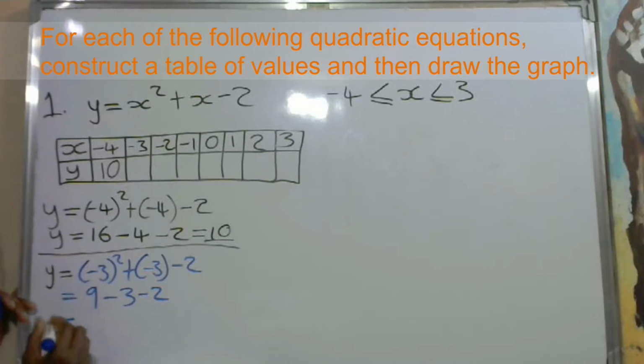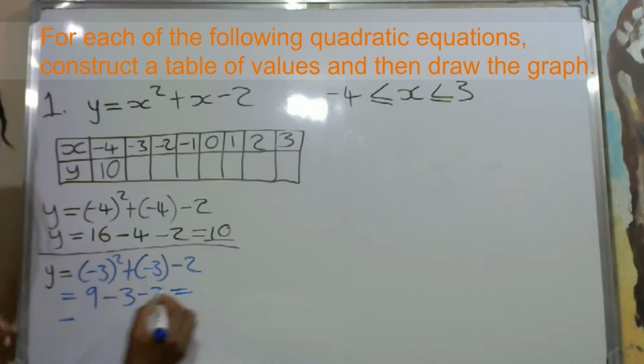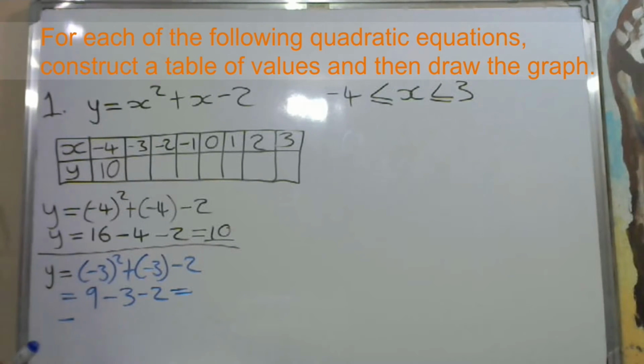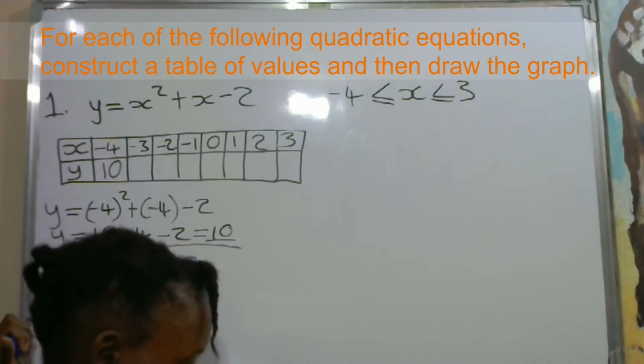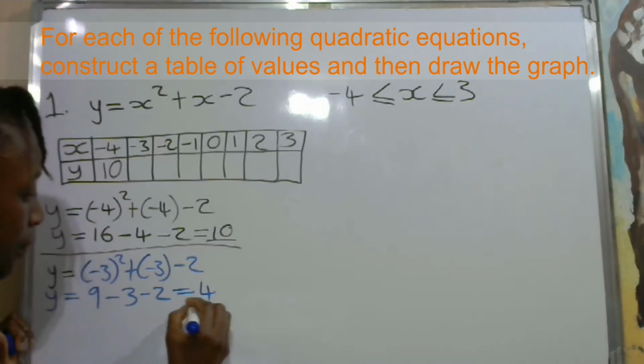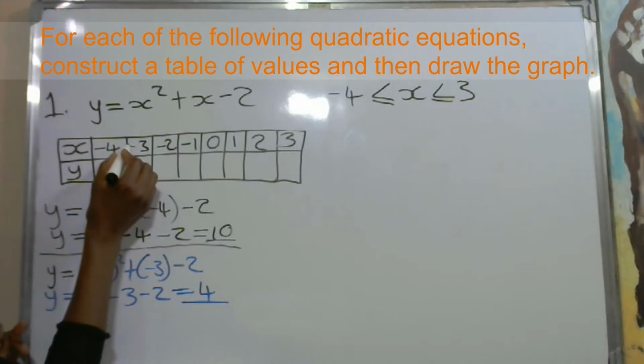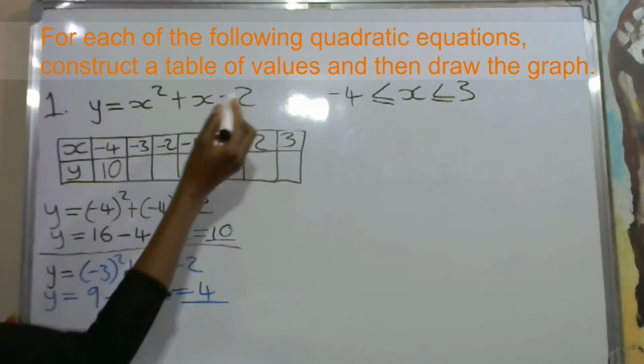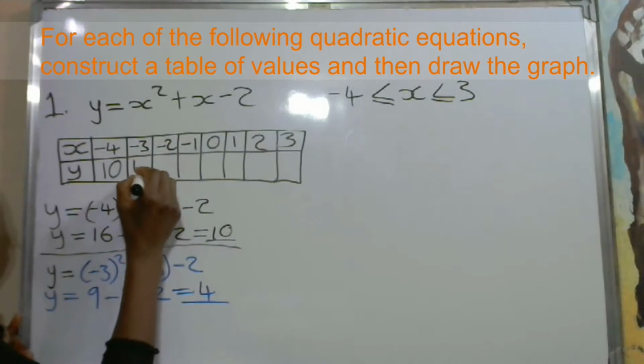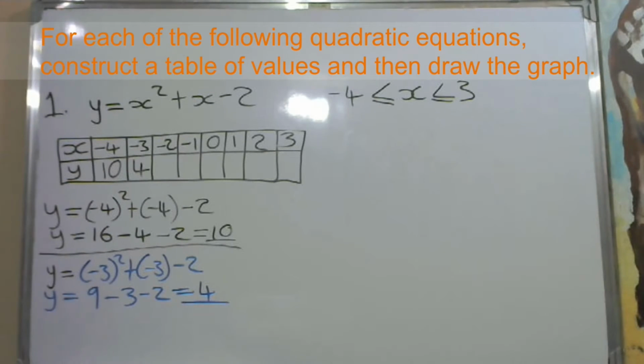Then 9 minus 3, it's 6. 6 minus 2, it's 4. So we get our 4 there. So the value when x is -3 using this quadratic equation, we get 4. So our y value will be 4.